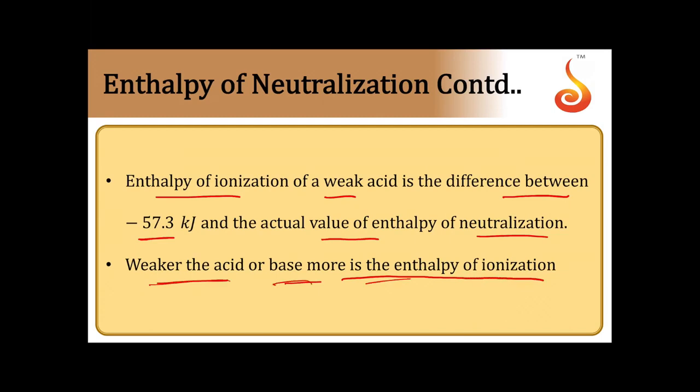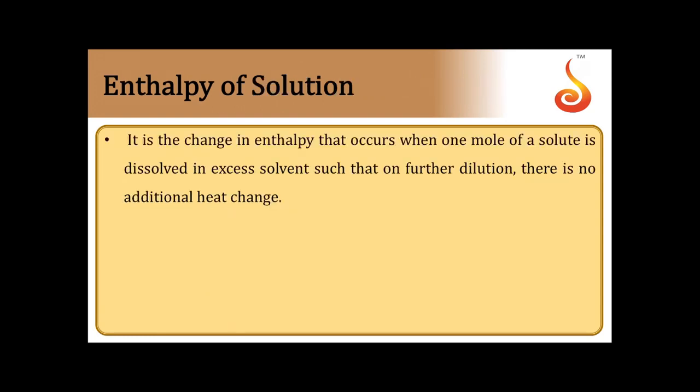Weaker the acid or base, more is the enthalpy of ionization. So more weaker acids will absorb more heat for their ionization. So weaker the acid, greater is the absorption of heat of ionization.